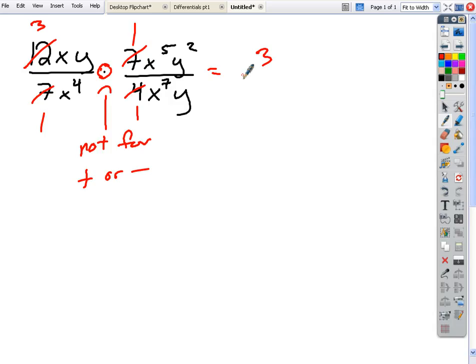Agreed? Okay, what about the other variables? If I multiply straight across, x to the 1 times x to the 5th is x to the 6th. What about the y's? Y to the 1, there's really a 1 there, right? Y to the 1 times y squared is y cubed. And then on the bottom, we have a 1, which we wouldn't write.